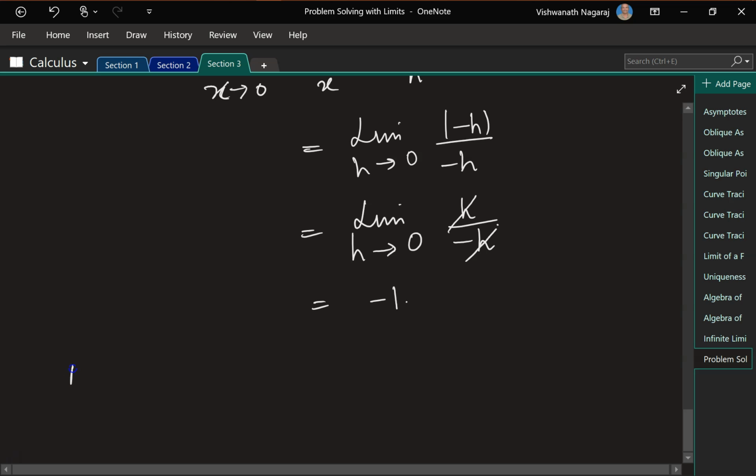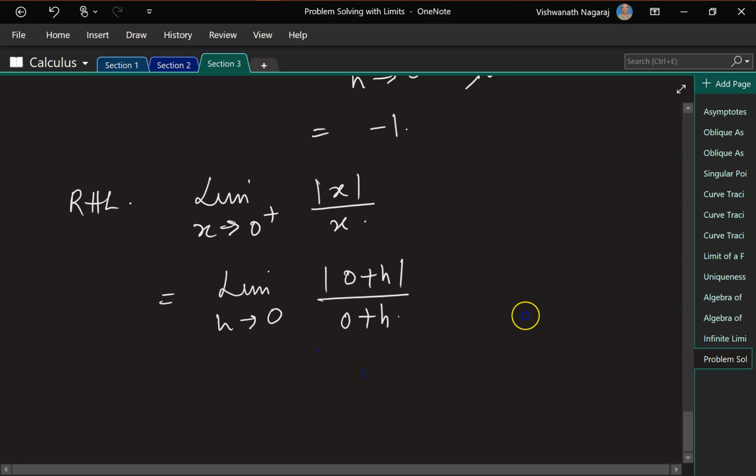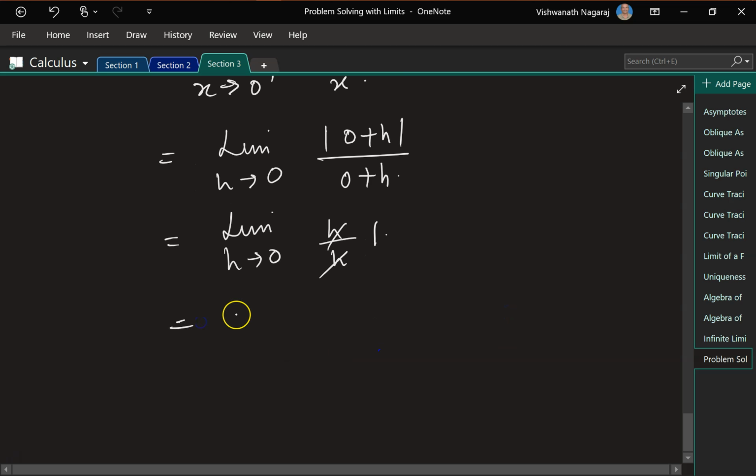Now, let's look at the RHL. So, limit as x approaches 0 from the positive side of magnitude of x by x. Now, this would be limit as h approaches 0 of magnitude of 0 plus h by 0 plus h, which is equal to limit as h approaches 0 of h by h, which is 1.